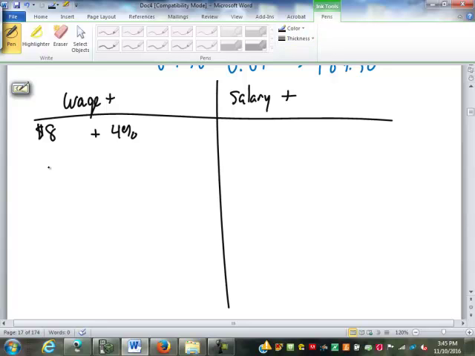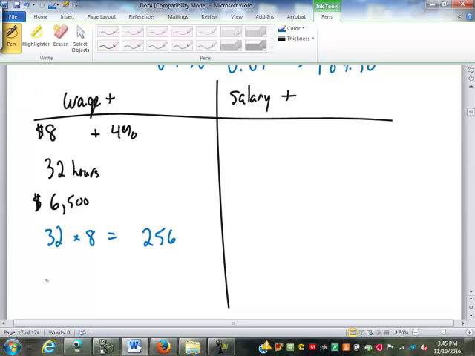So let's say you have a week where you work 32 hours and make sales of $6,500. Your pay, of course, comes in two parts. 32 hours times $8 an hour is $256. Your $6,500 times a rate of 0.04 is going to be what, $260?